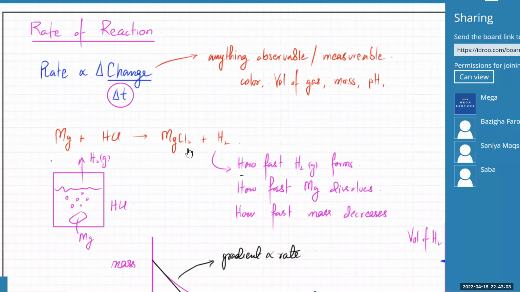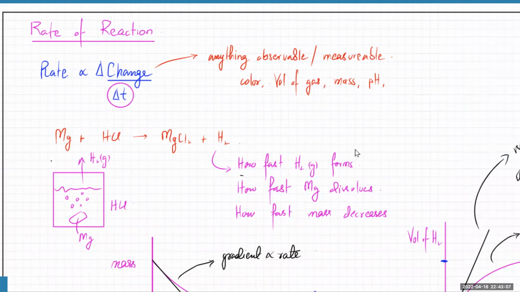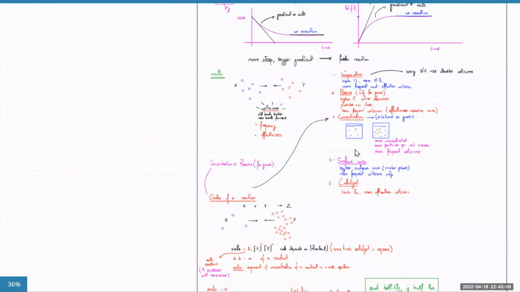So remember the three ways of finding the order of the reaction. We're looking at the order of the reaction by looking at the shape of the graph.